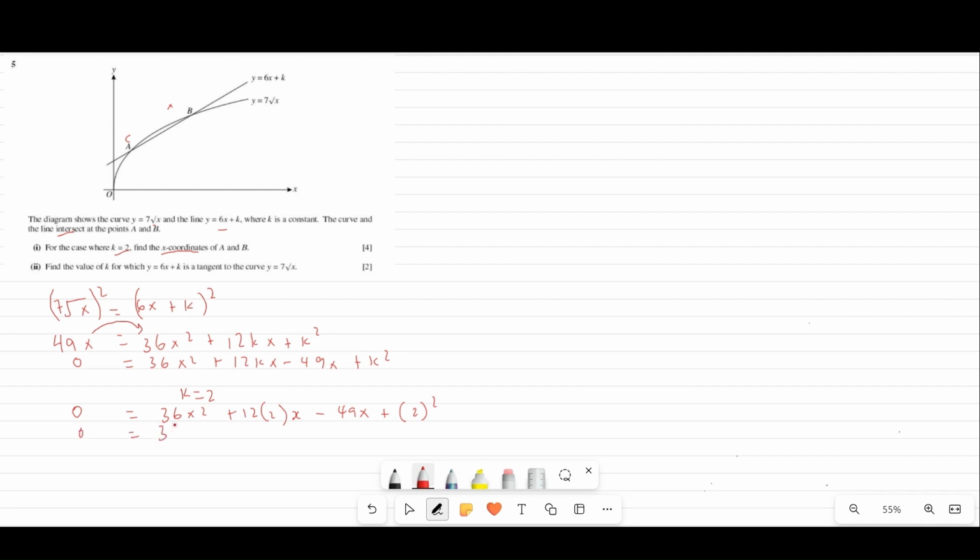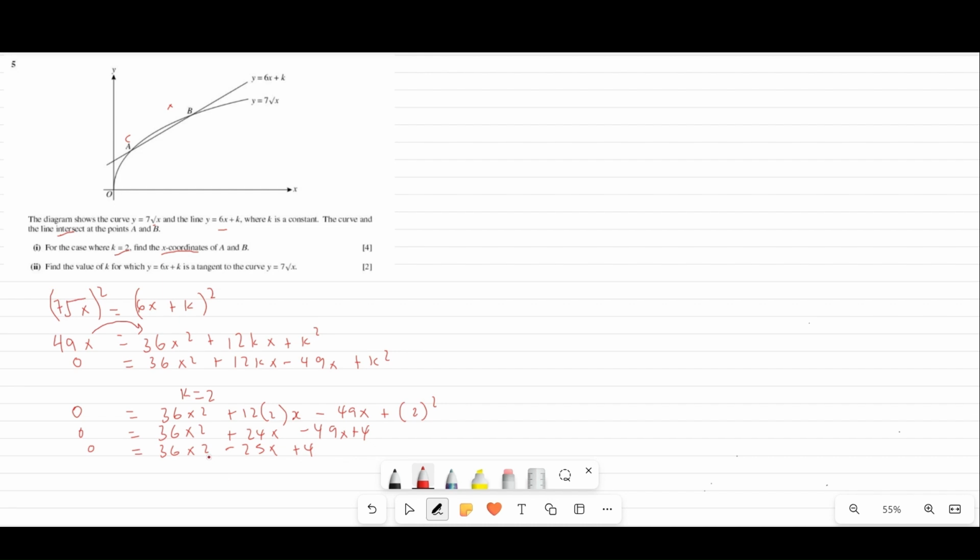We get 36x squared plus 24x minus 49x plus 4. Simplifying further, 24x minus 49x gives us minus 25x, so we have 36x squared minus 25x plus 4.